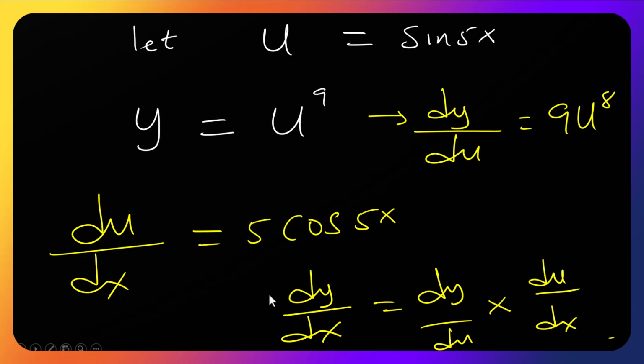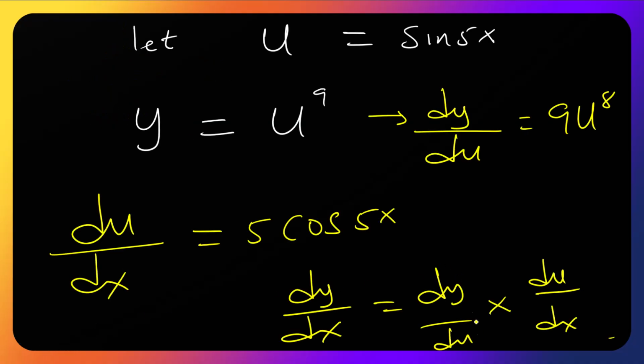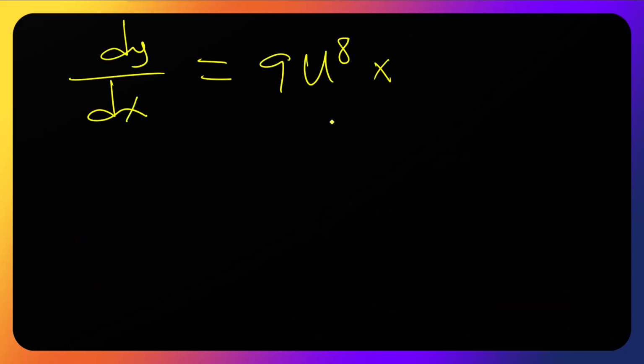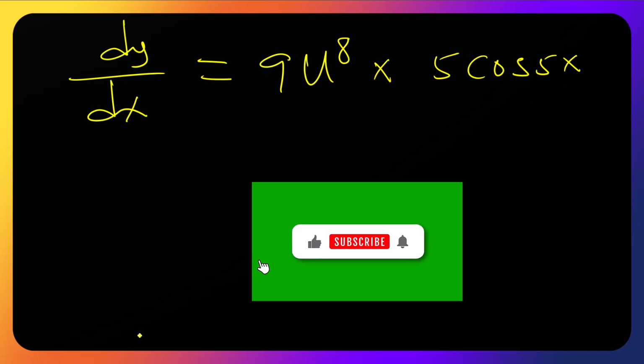So we can do substitution here. dy/dx, from here dy/du is 9u to the power 8 times du/dx, 5 cos 5x.